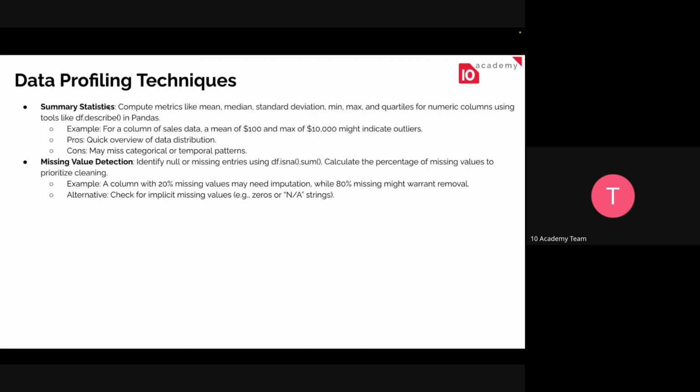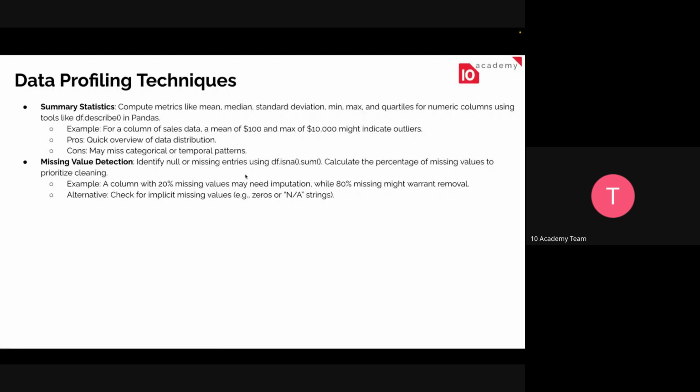Okay. So for data profiling techniques, your go-to would be these two. The first is summary statistics, by using the pandas describe method. It computes things like mean, median, standard deviation, maximum, minimum values, and quartiles, which means how many of the values stand above 25%, 50%, 75%, and so on.